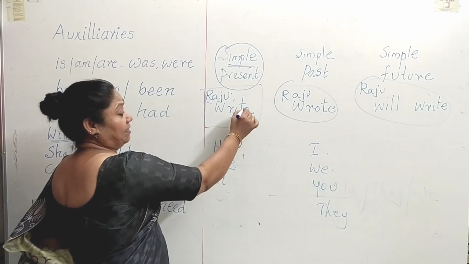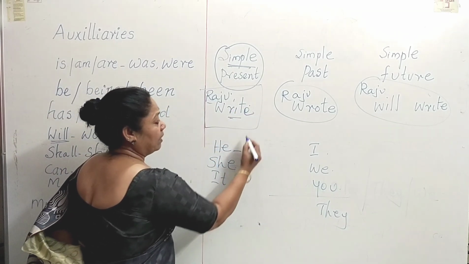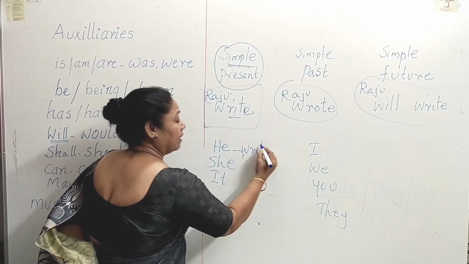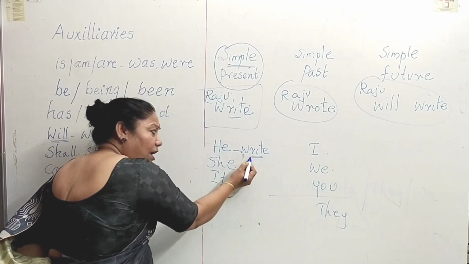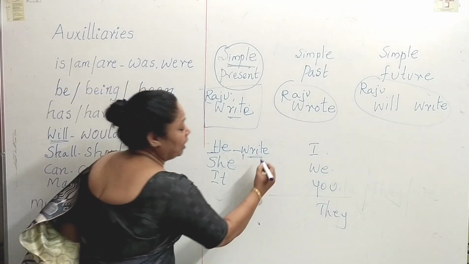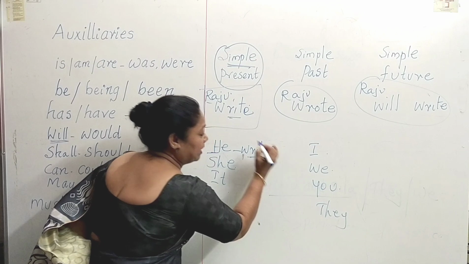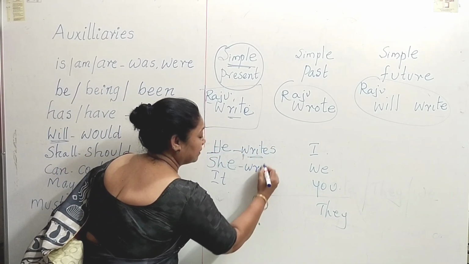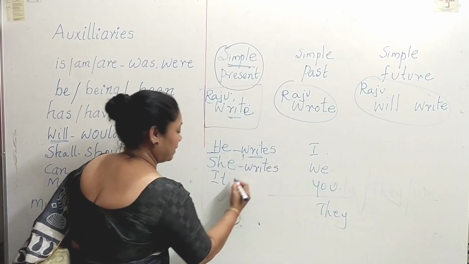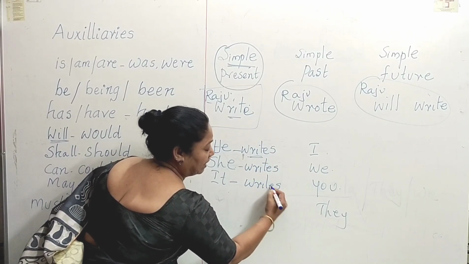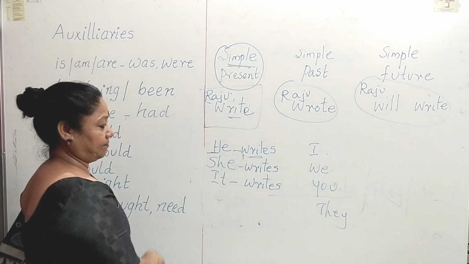Now I bring this verb, write, here. Here this verb and this subject cannot agree. You need to add one S here. She writes. It writes. If I am talking about the pen, it's a non-living thing, it writes.